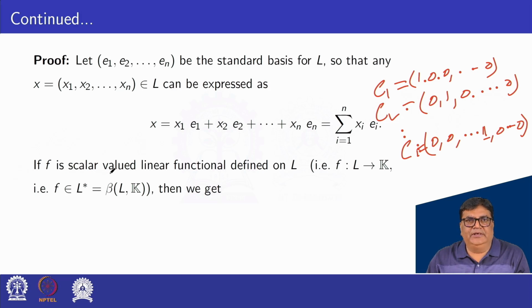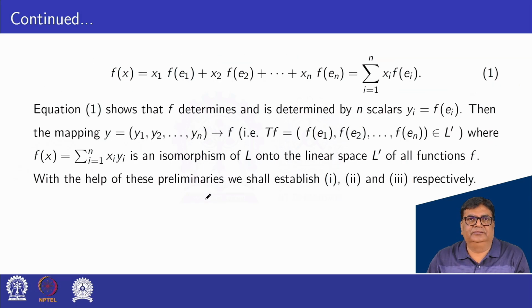If f is a scalar valued linear functional defined on L, that is f from L to K, a scalar valued function, that is f belonging to L star, where L star is B(L, K), the set of all bounded linear functionals.